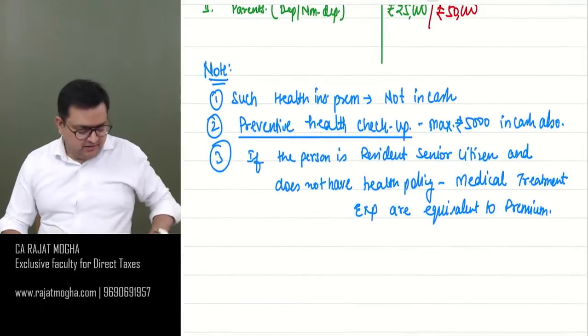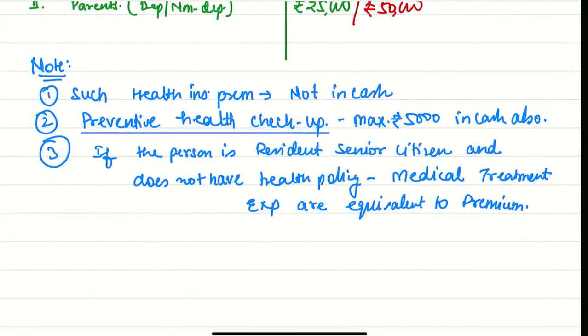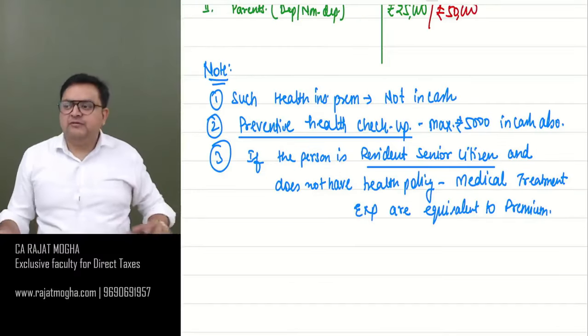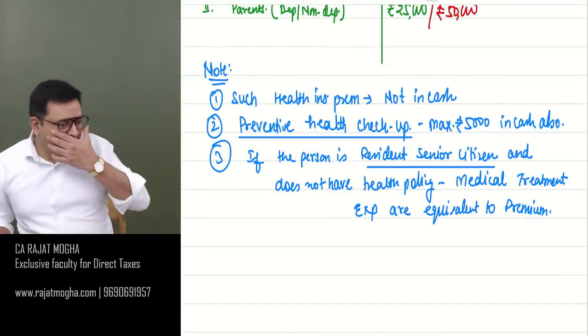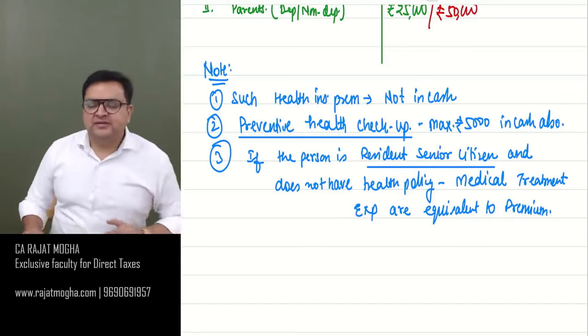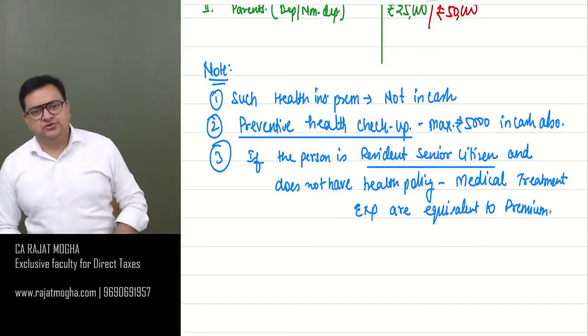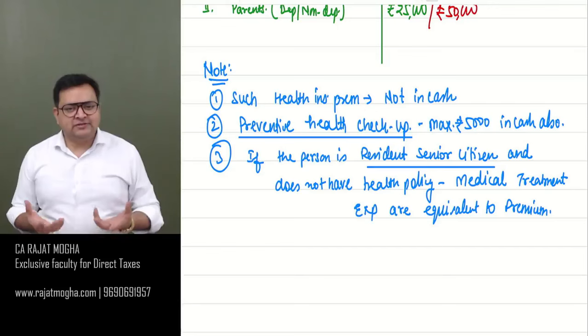What does it mean? Let's say there is a person who is a resident senior citizen. Guys, generally, for those people who are very old, insurance companies deny that they will give health insurance. Why?